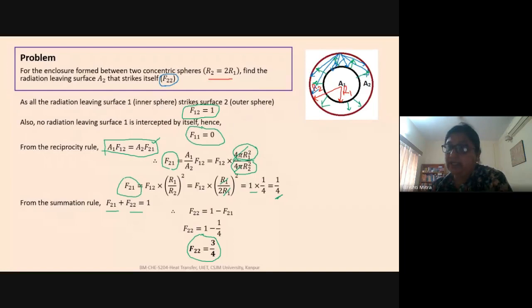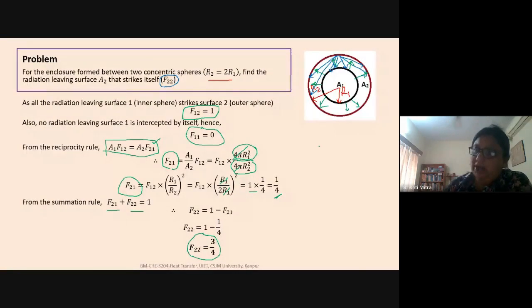That means what essentially? This means that whatever radiation is going out of surface 2, only 1/4 of that is falling on surface 1 and 3/4 of that is falling on itself. This is what it means.